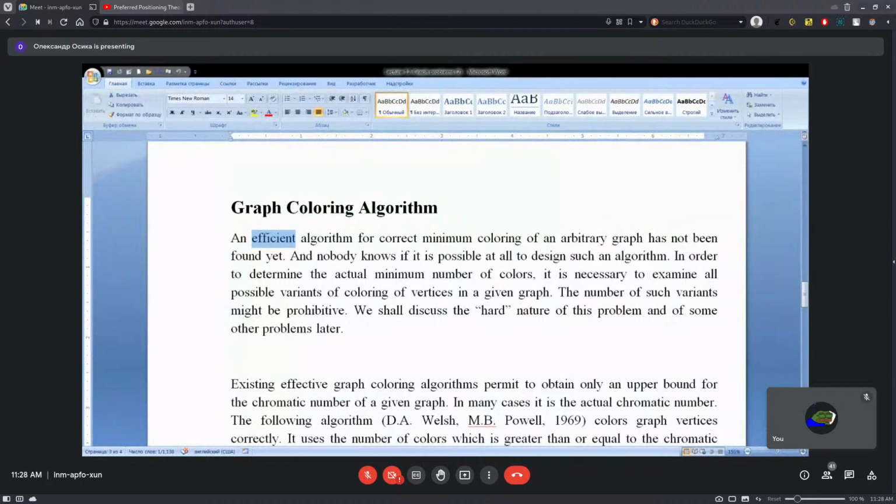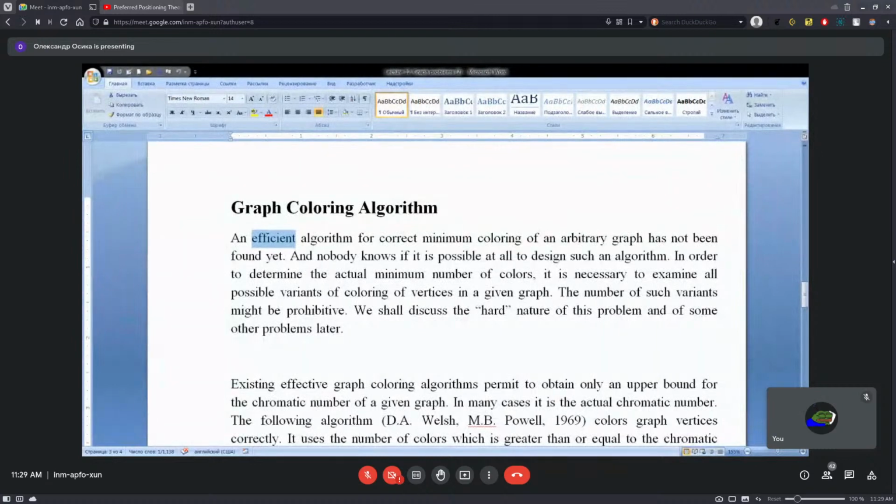But algorithms where the number of steps is expressed by formulas like some constant, 5, 7, it doesn't matter, what matters is that the algorithm requires a constant number of steps. Or log of n to some base, or n multiplied by log n, or n squared or something.